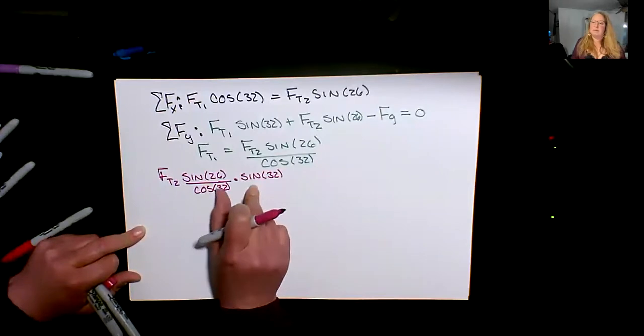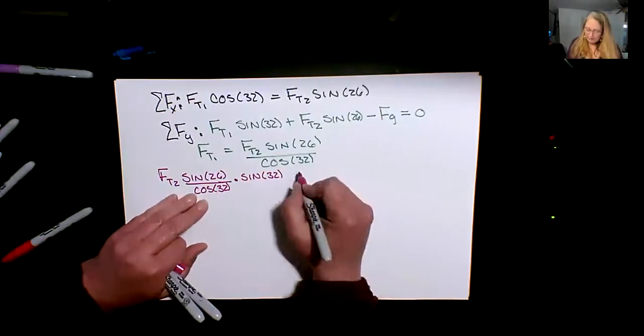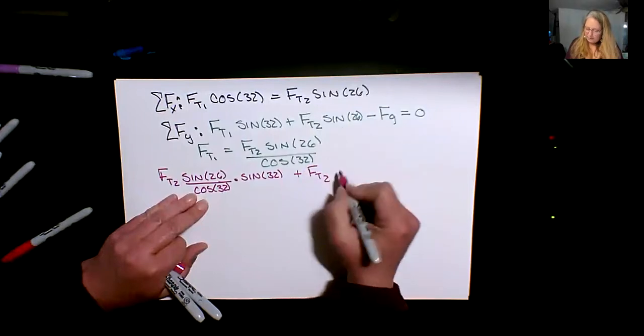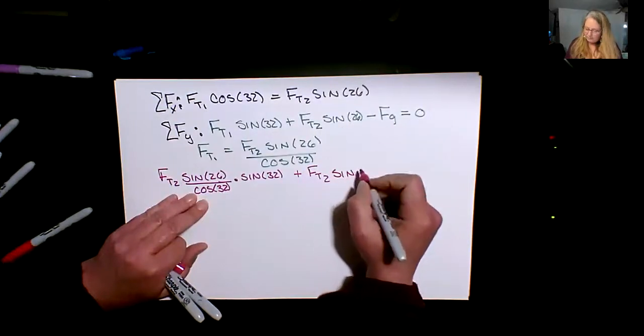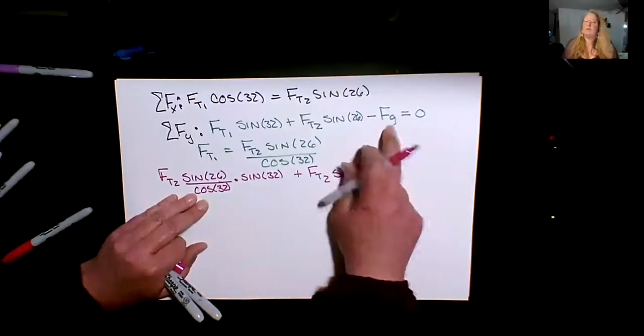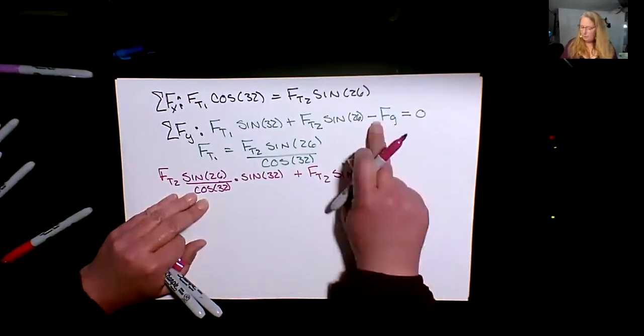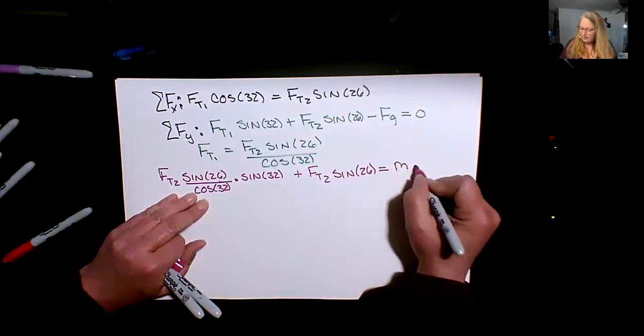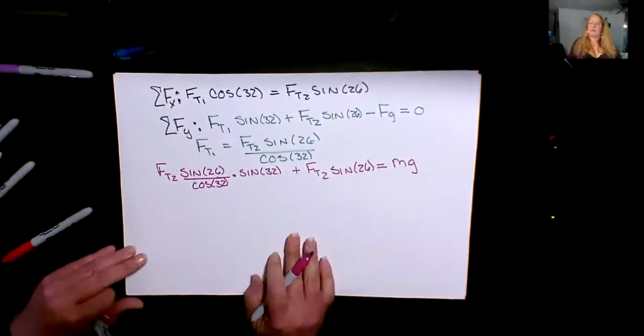So that simplifies that piece down kind of nicely. And then plus force of tension 2 times sine of 26. And I've given you the weight of the light, so I'm going to move the force of gravity over to the other side. So it's the mass of the light times the acceleration due to gravity.